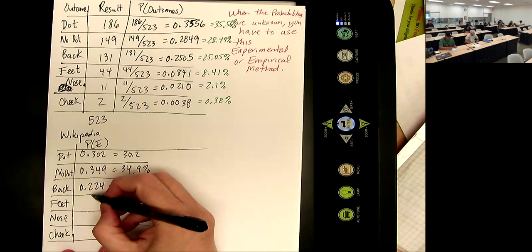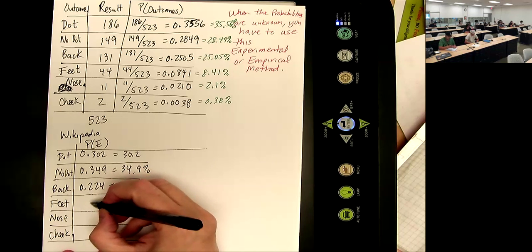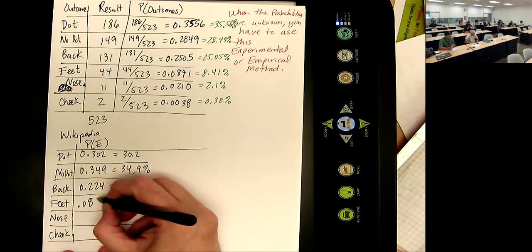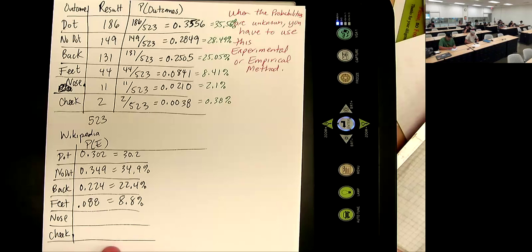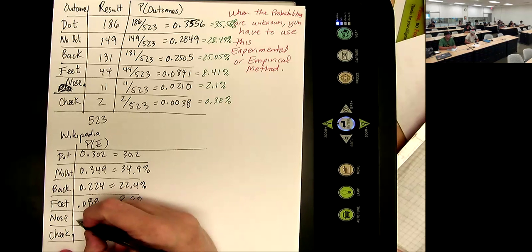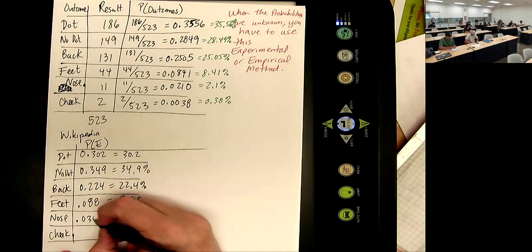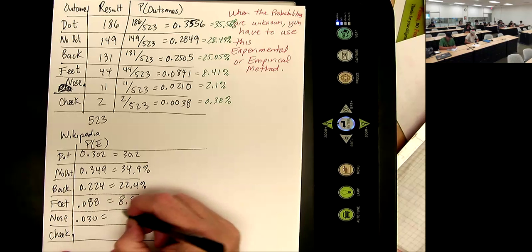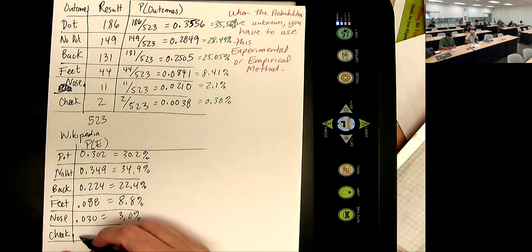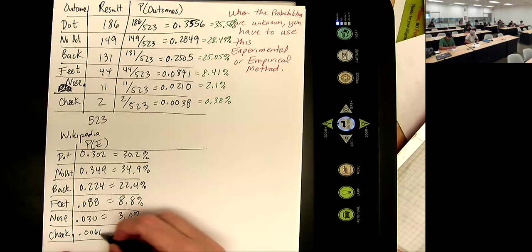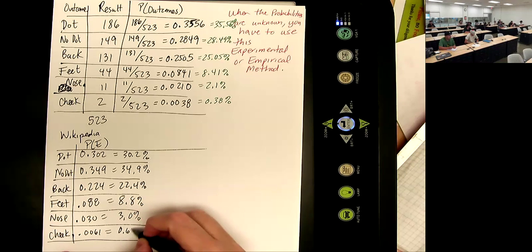Feet was 0.088, or 8.8%. Nose is 0.030 or 3%. And cheek ended up being 0.0061, or 0.61%.